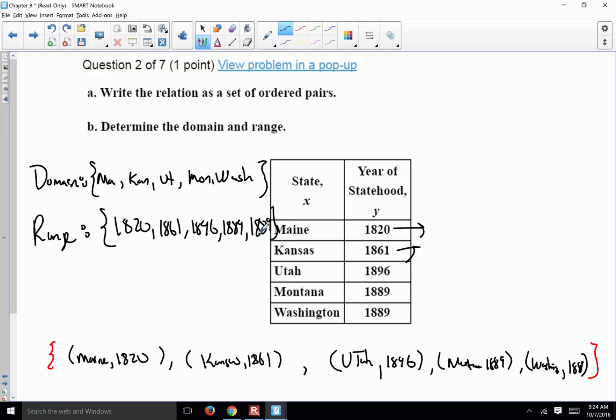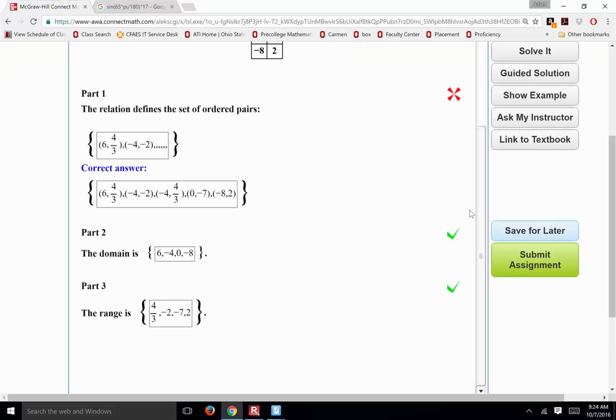Right? The last number is tricky. You repeated it, so you don't repeat it. Only 4 terms in the range. No repetition allowed.